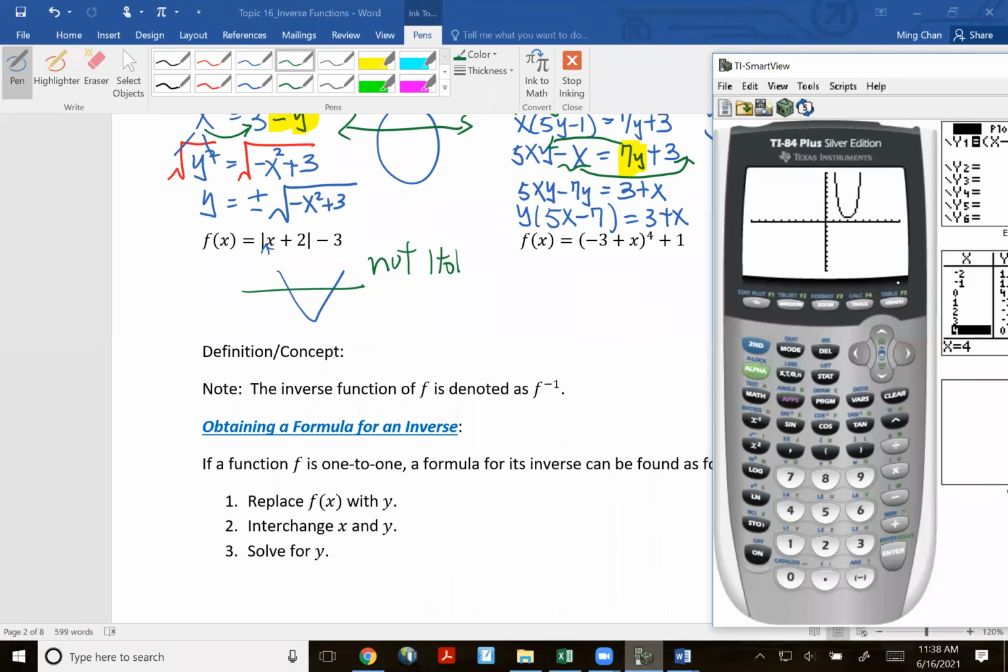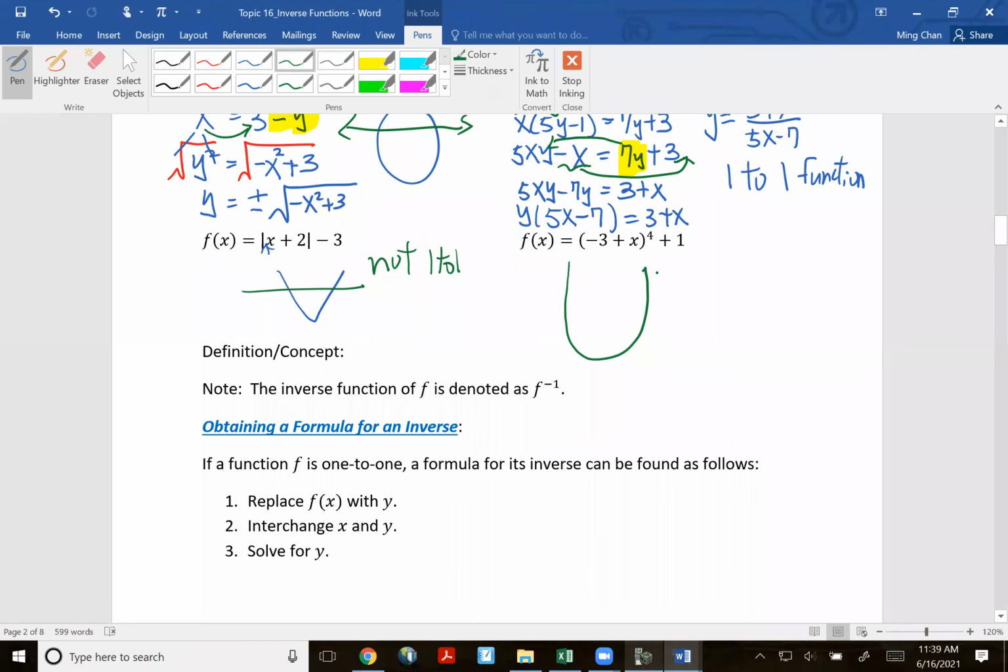So if you draw a horizontal line across it, it is not a one-to-one function. Let's see right here. When x equals 2, y is 2. When x equals 4, y is 2. So you see you got the same y value. That tells you that this is not a one-to-one. It's a U-looking thing, but it's not a parabola.